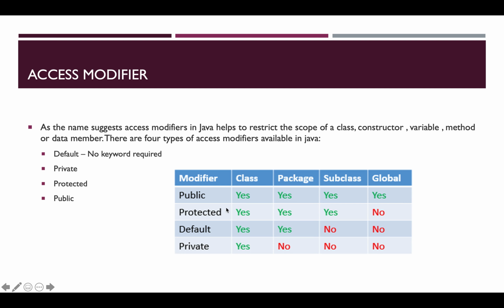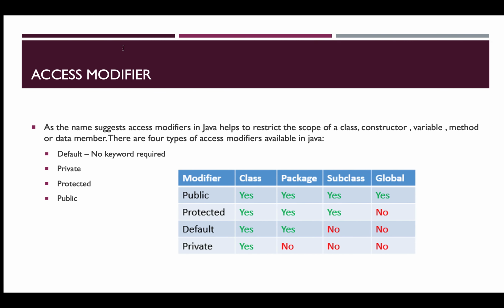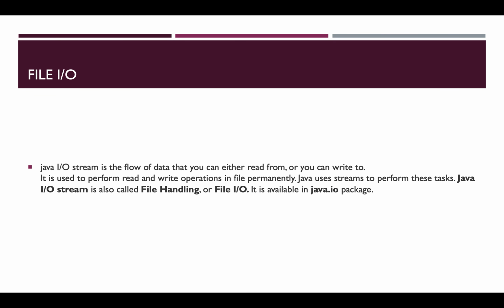If it's protected, global cannot access, but your class, package, and subclass can still access. Default is no keyword or nothing. Your class and package can access. And if it's private, only in the class, which is like the encapsulating in the previous one. So this is the access modifier. In this case, we're also using public. So moving on.